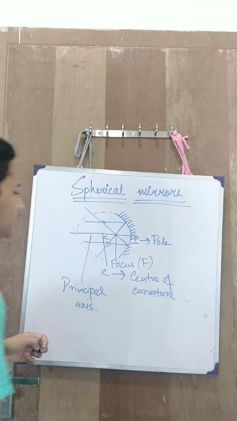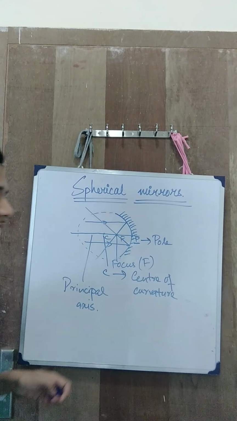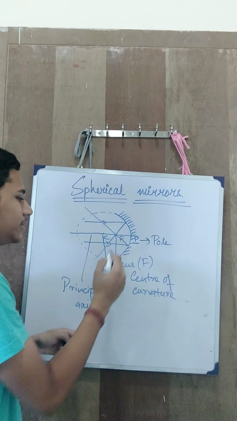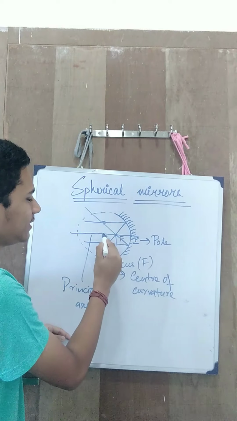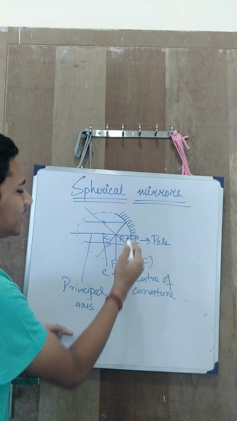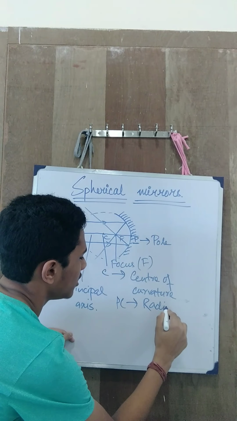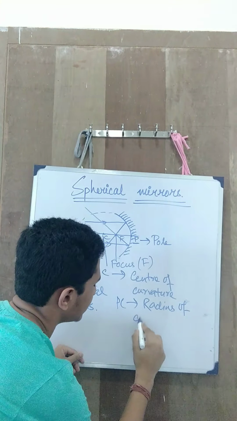Now this is known as focus, and there is a relation here. You see, CP or PC, this is the center of this sphere, right? So CP is the radius, but here we know it as the radius of curvature.